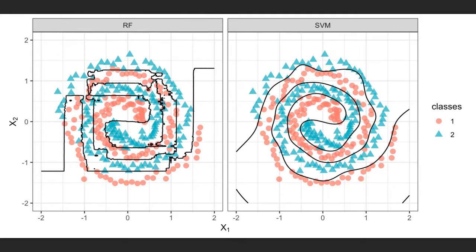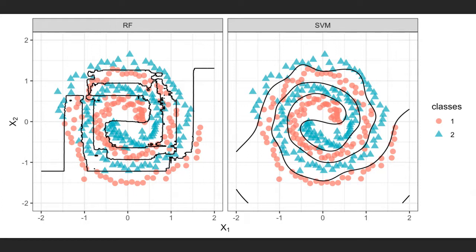You've got all these little zigs and zags, which indicates there's probably some overfitting going on in some areas. It's changing a lot at various points. On the other hand, on the right, we have a support vector machine, specifically using a radial basis kernel, and it produces a beautiful, smooth decision boundary that does a great job of approximating the two spirals.